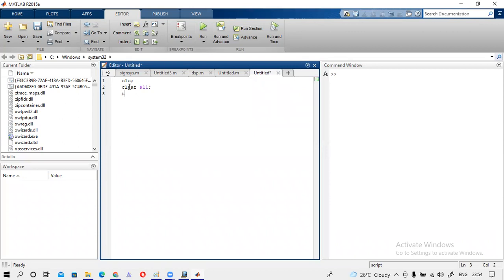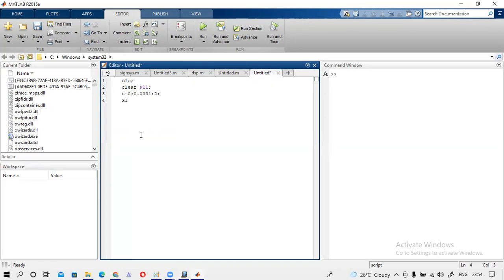In the same manner, you have to define the t value, the t vector, the independent value. So I will take it from 0 to 0.0001 to 2. Let's take it 2. So now I have defined the independent time variable.